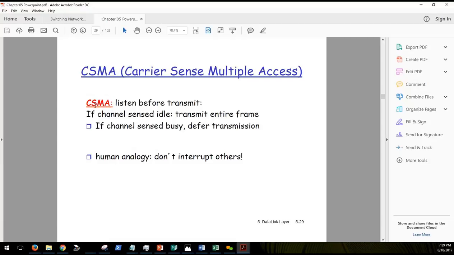So the key to CSMA is listen before you transmit. If the channel sensed is idle, go ahead and transmit the frame. If the channel is busy, wait until it's quiet again and then transmit.